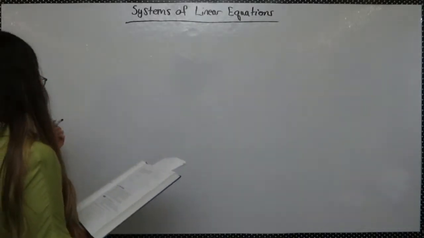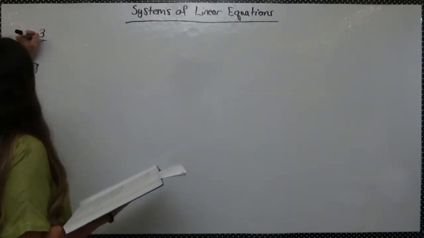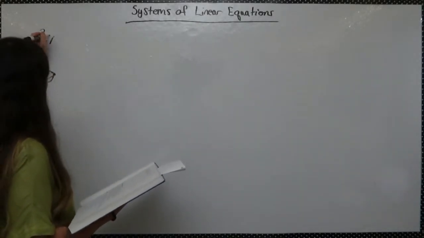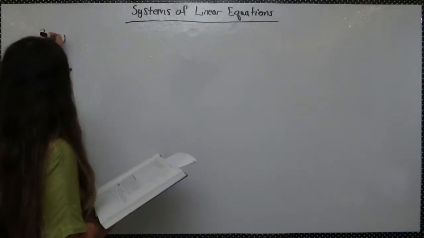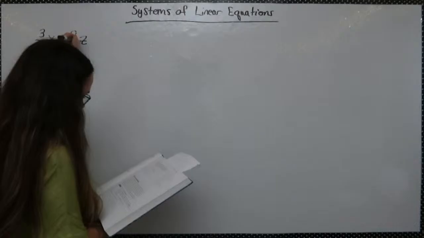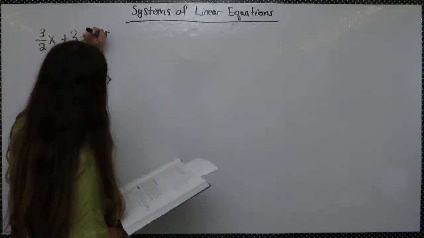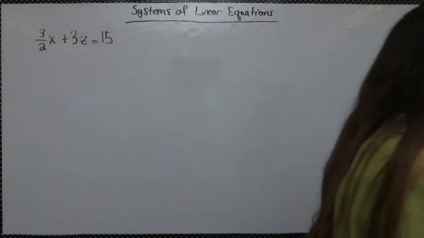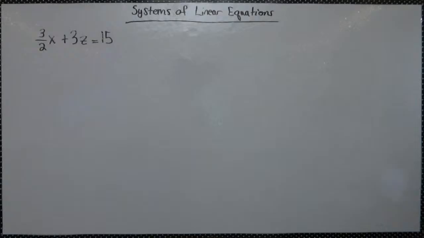So this is going to be 3/2 x plus 3z equal 15. And I don't know how I picked up that marker. I'll try this one.